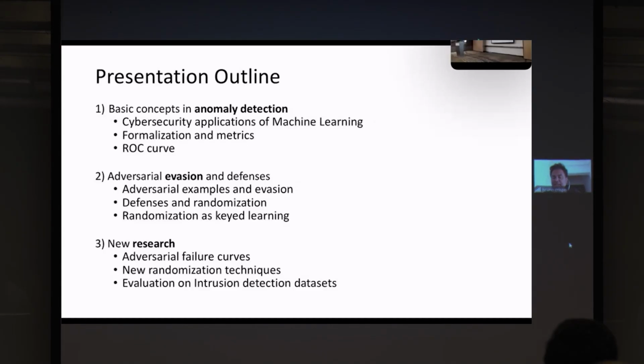Okay, so this is the presentation outline. I will start presenting some basic concept in anomaly detection. My main area of research is cybersecurity, so I will illustrate many problems where we use machine learning.